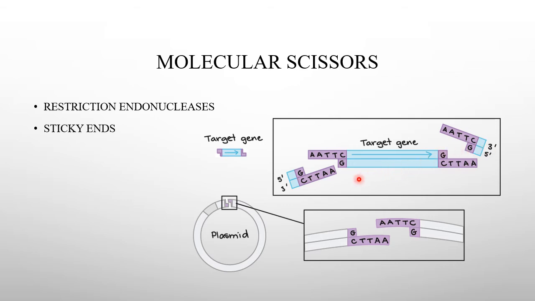So these restriction enzymes cut the genes at specific sites, which create sticky ends.